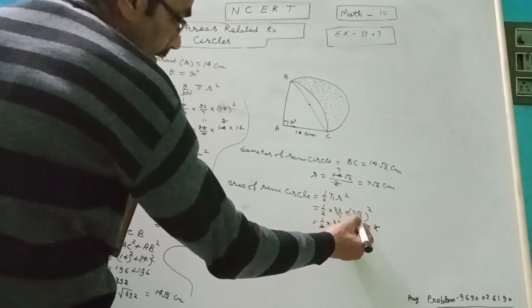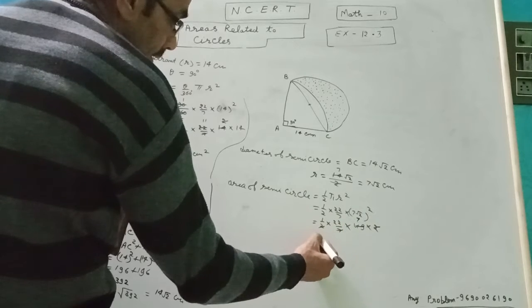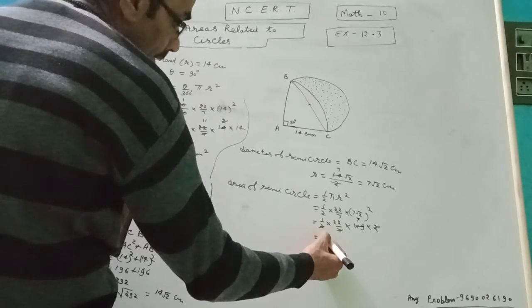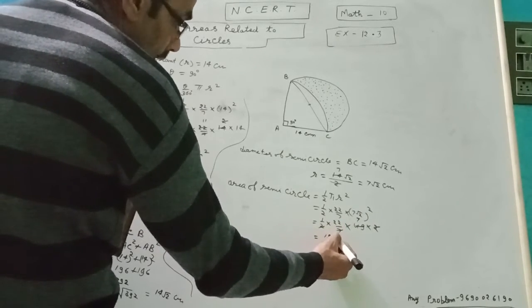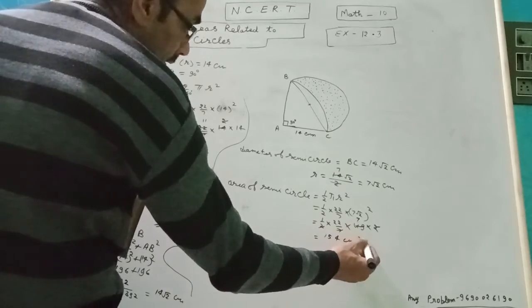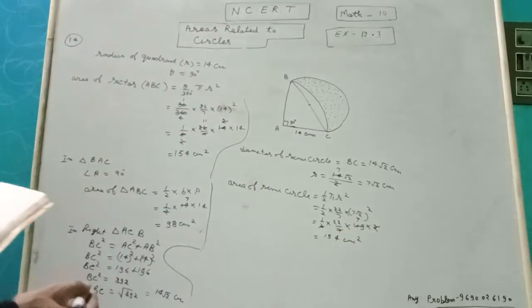Cancelling, after multiplying we get 154 cm square, the area of the semicircle.